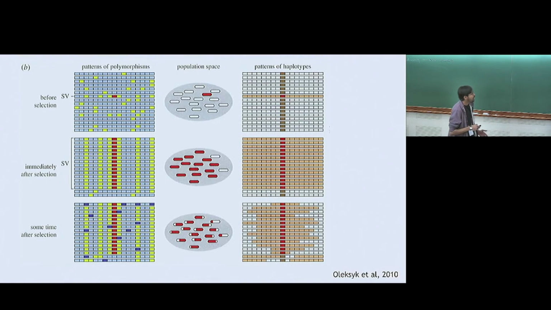After selection, this red will increase in frequency, and along with that, everything that is linked to this red, which is these 5 yellow polymorphisms that you see, will also increase, and everything else will be lost. And so you see, overall, there is a decrease in diversity between these two events. After selection, the overall genetic diversity has decreased.